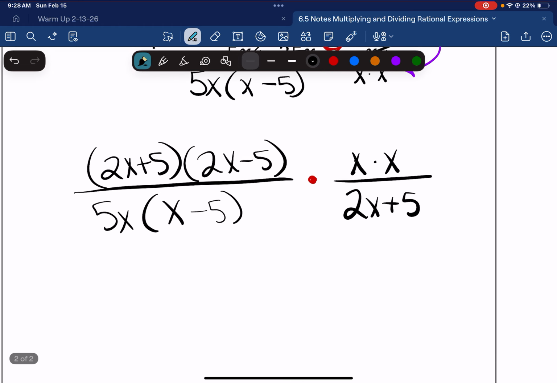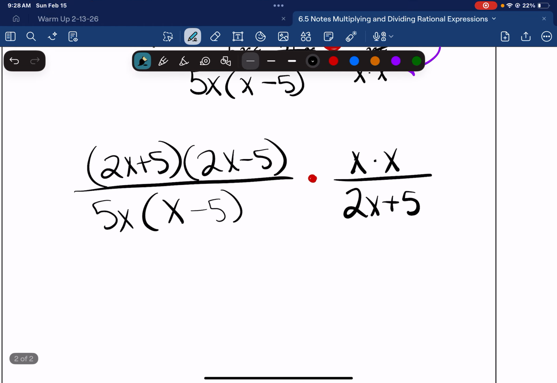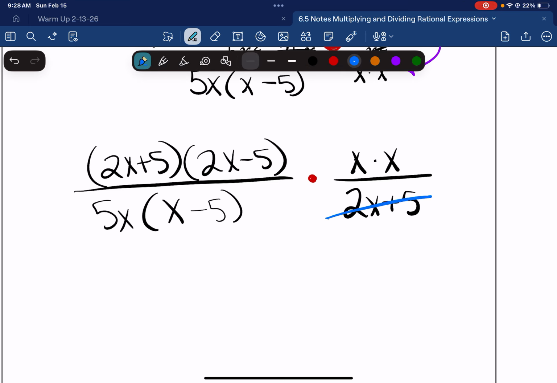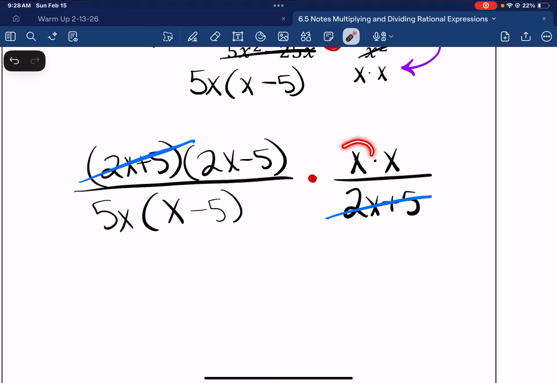So what can we simplify down here? Well, I see that this denominator has a 2x plus 5, and so does this numerator. So those reduce 1 over 1. And then as I look at these, I can see that this is an x term here and here. That's kind of why I wanted to separate out that x squared so that you would pay attention to that, right?